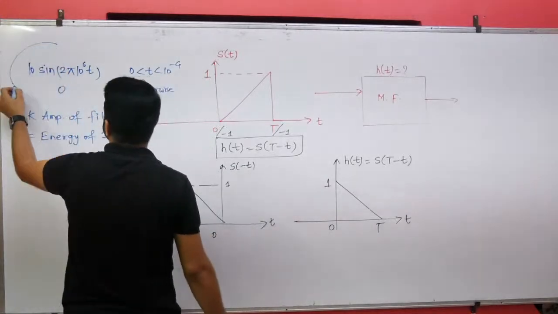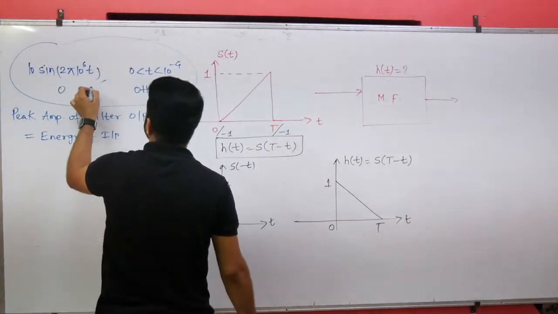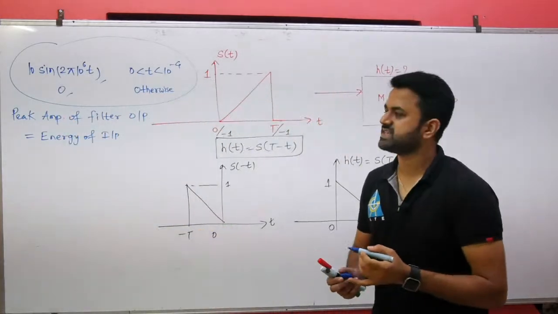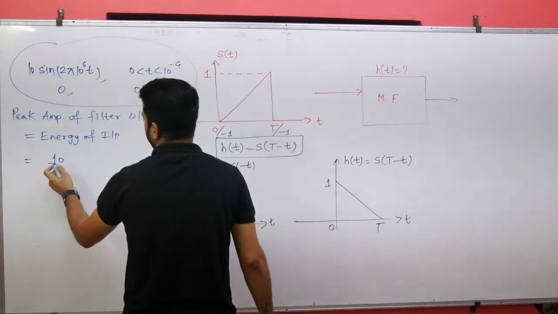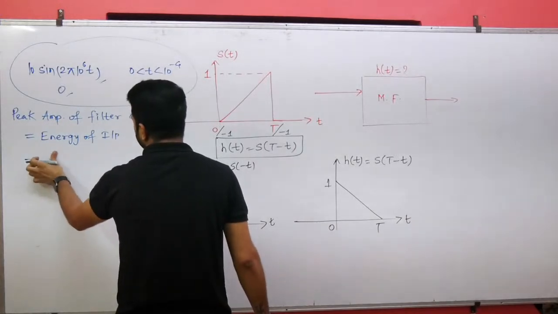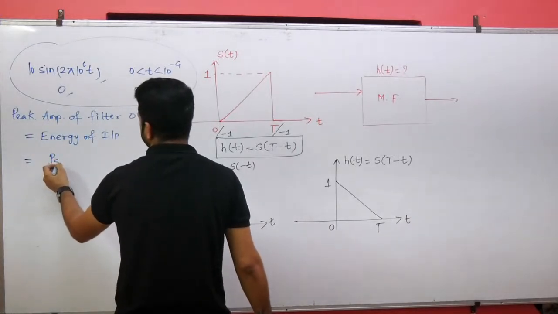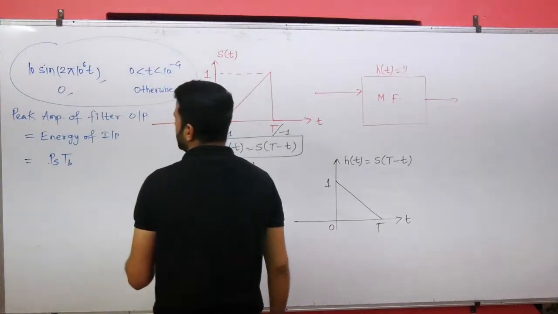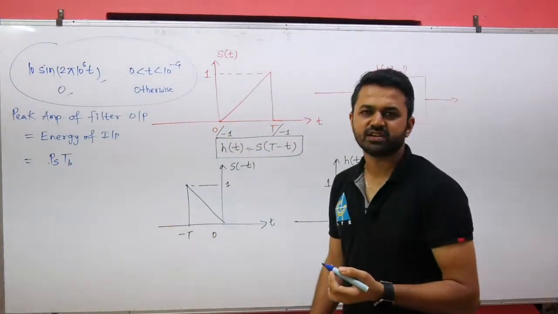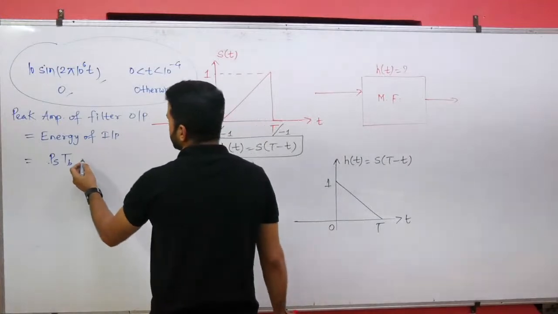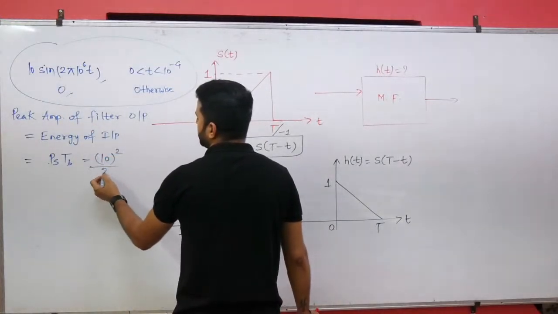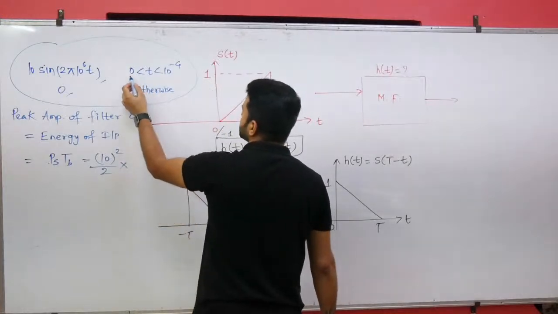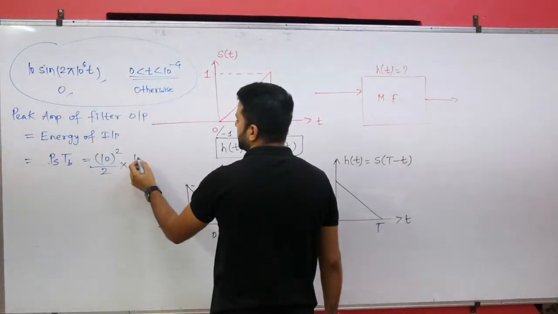So we are having this signal. What is the energy of this signal? The energy of the signal can be written as power into time, power into bit duration. So what is the power of this sinusoidal signal? The power is 10 square divided by 2. And what is the duration?